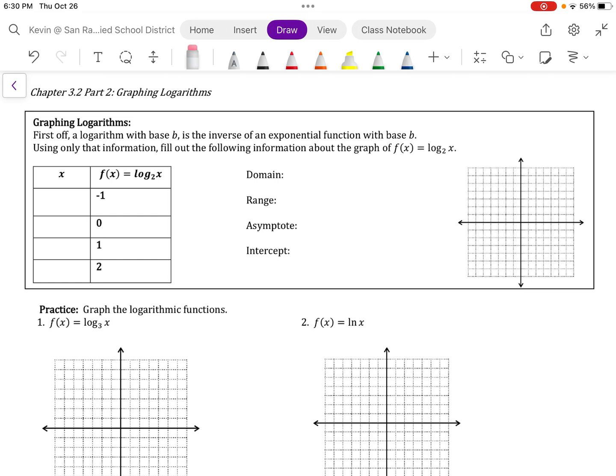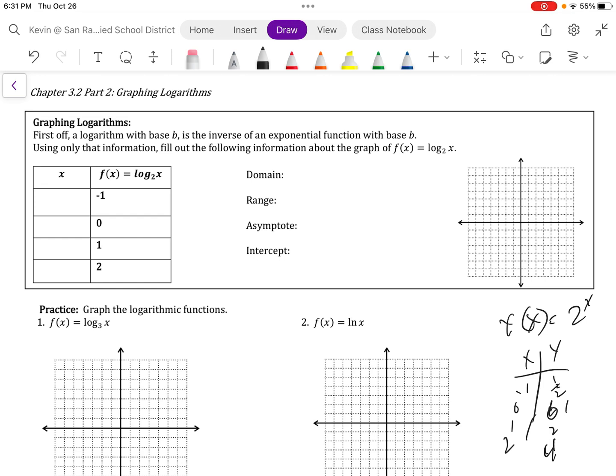So when we filled out the table for, let's say, f of x equals 2 to the x power, we would start on the x side and put in negative 1, 0, 1, and 2, and we go 1 half, 1, 2, and 4.